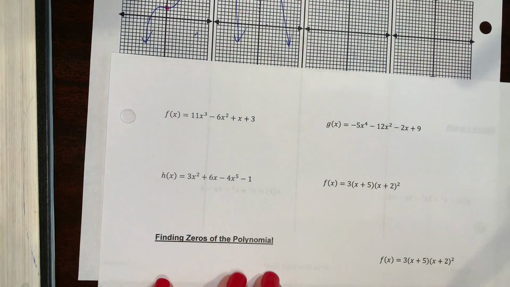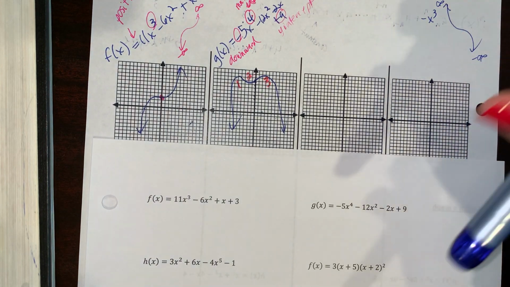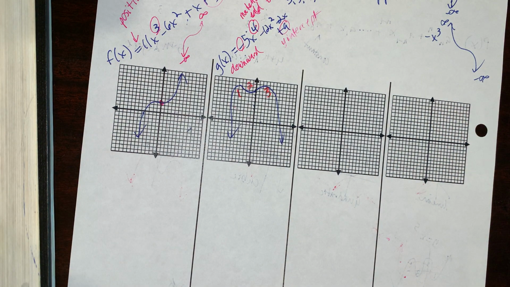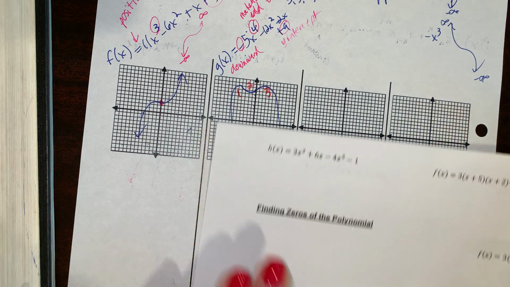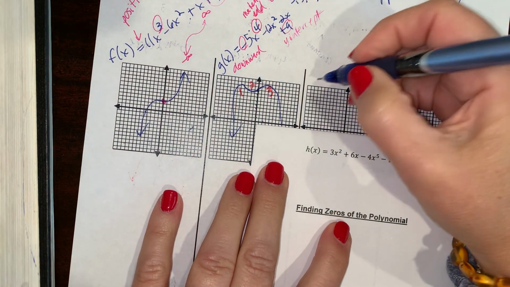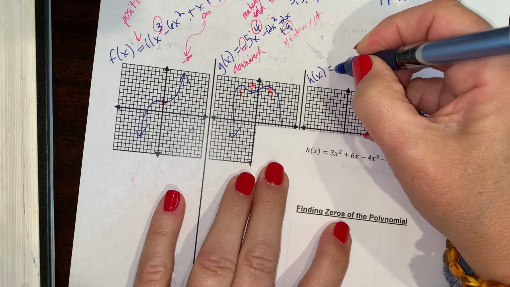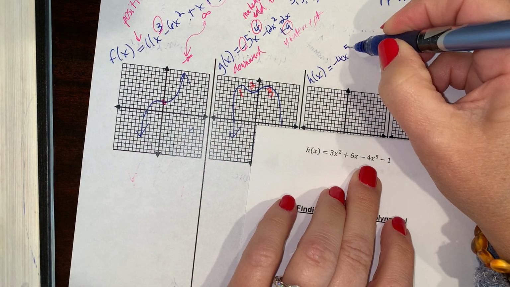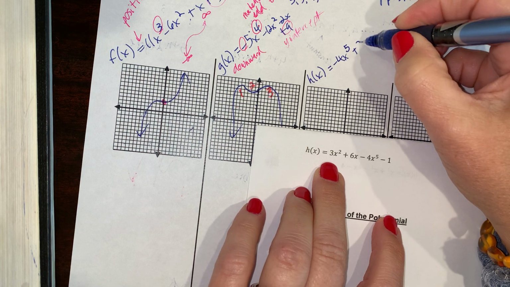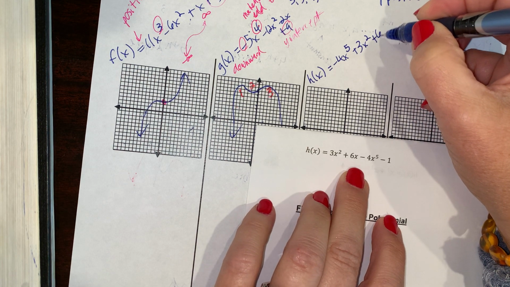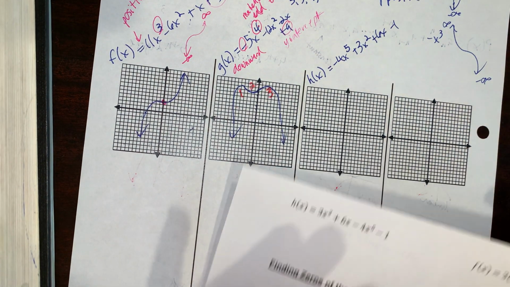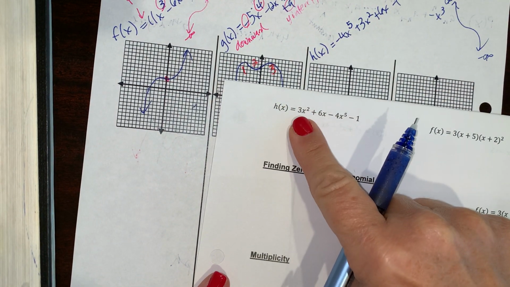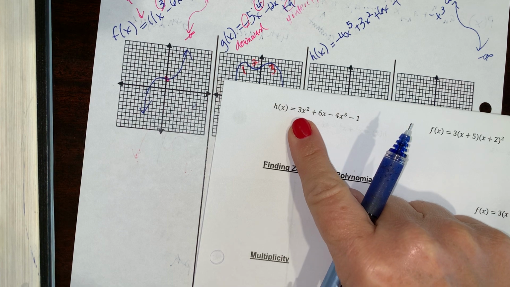So this should be rewritten as H of x equals negative 4x to the 5th plus 3x squared plus 6x minus 1. That's the proper form of this equation. They were just tricking you by starting off with 3x squared.